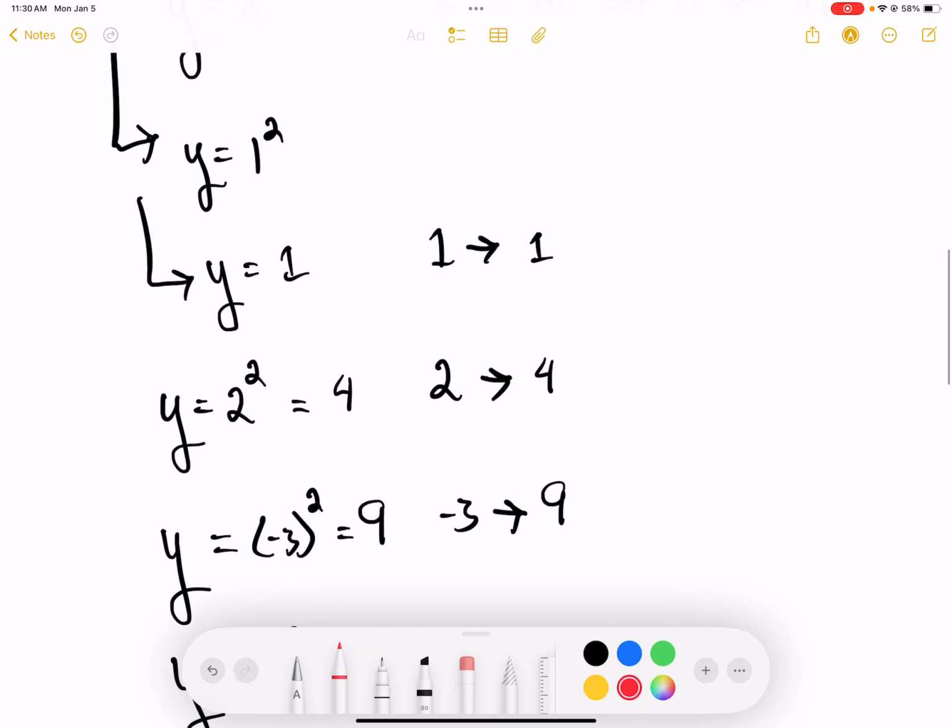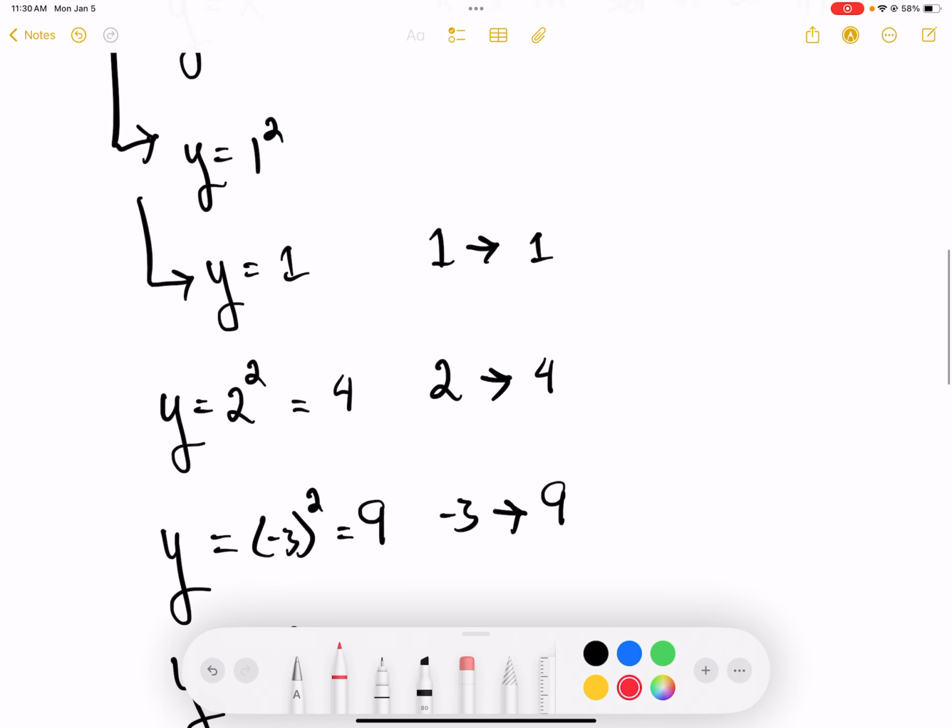And once you see two outputs for a single input, you know it's not a function. Or you can analyze things graphically using something called the vertical line test. The vertical line test states if there is anywhere on the graph where you can draw a perfectly vertical line, and you hit two spots on the graph, then it's not a function.